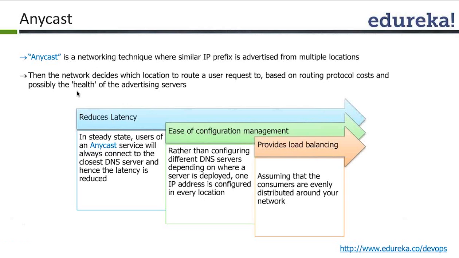Now imagine the server is located in India, but the Anycast, which is actually configured not in your DNS but as part of your router, keeps track and says there is a problem with this server, so please don't go to the India server, go back to your US server. So it does that in two ways. One is through your cost, the distance, and the other one is through your health checks.